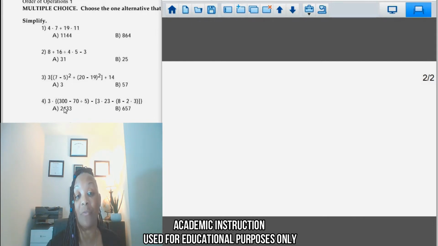We have parentheses, 300 minus 70 divided by 5, close parenthesis, minus, we have in brackets, 3 times 23, minus, parenthesis, 8 minus 2 times 3, close parenthesis, brackets, and more brackets. Okay, so as you see that this is a very lengthy problem. It is complex, and you have to know the order of operations in order to solve the problem correctly.